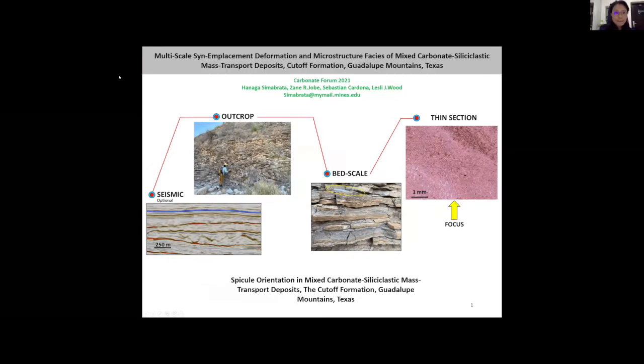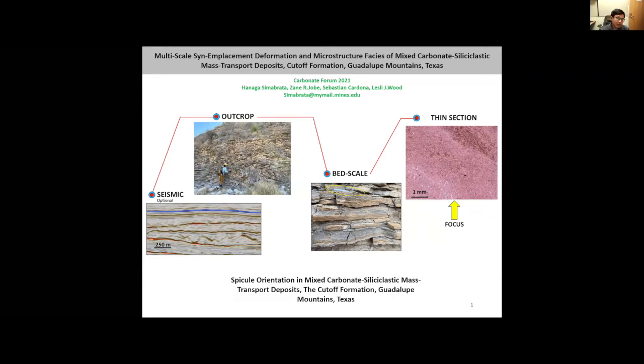Thank you everyone for showing up to my talk. My research is about multi-scale syn-emplacement deformation and microstructure phases of a mixed carbonate-siliciclastic mass transport deposit, or for convenience, you can just call it a mega slump, in the Cutoff Formation, Guadalupe Mountains, Texas. In today's talk, we will discuss specifically the thin section scale deformation.